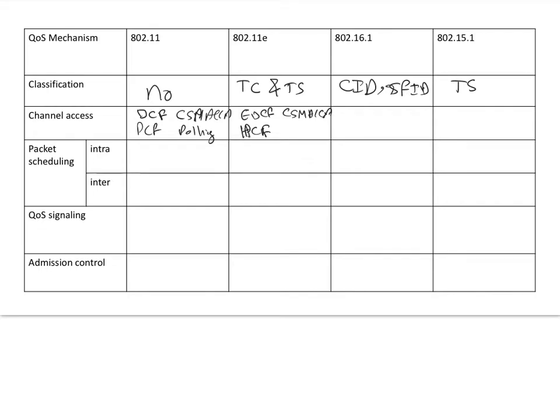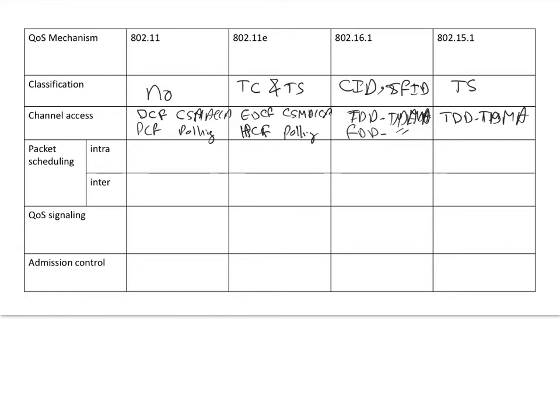HCF, yes, HCF is again based on polling. Here we have only one mode, where the channel access mechanism is based on TDMA. And here again, or FDD of course, it's based on TDD, TDM.